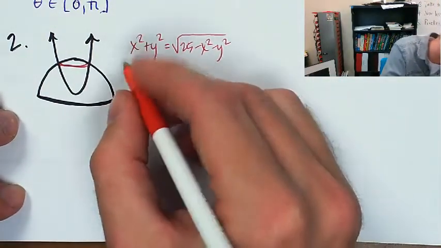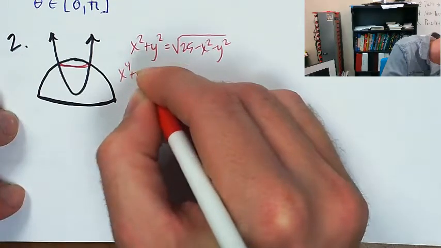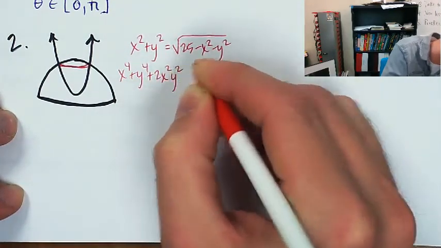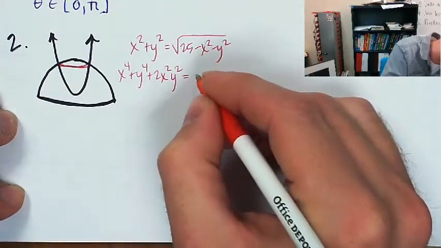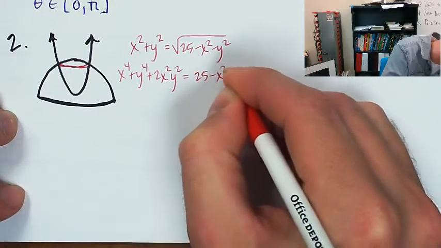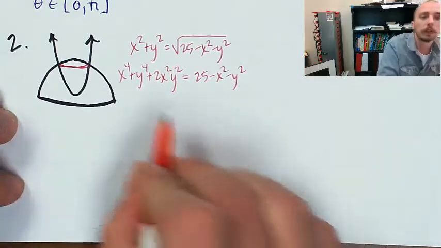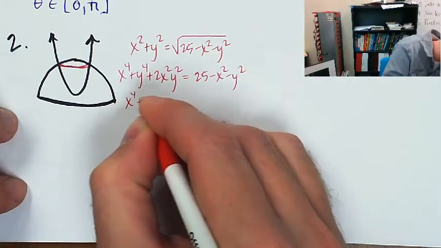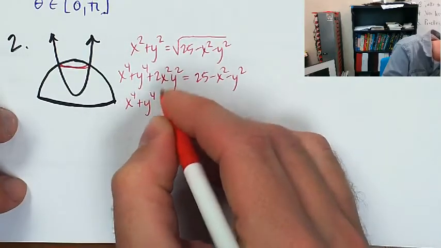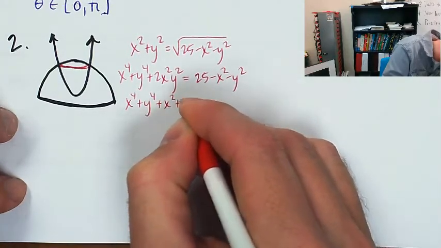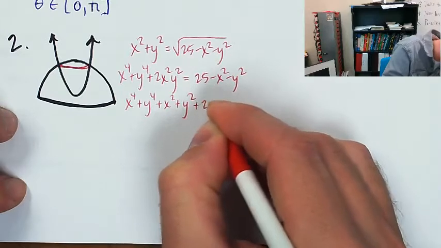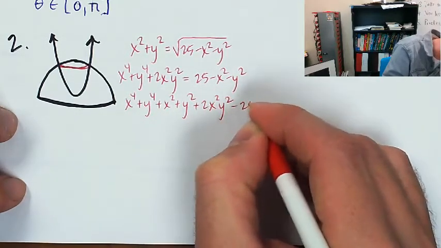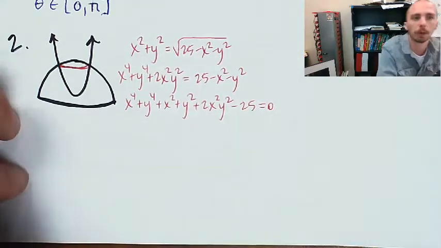So x squared plus y squared, squared, is going to be x to the 4th plus y to the 4th plus 2 times x squared times y squared. And that's going to be equal to 25 minus x squared minus y squared. So the set of all points on the intersection is x to the 4 plus y to the 4, plus x squared plus y squared, plus 2 times x squared times y squared, minus 25 is equal to 0.